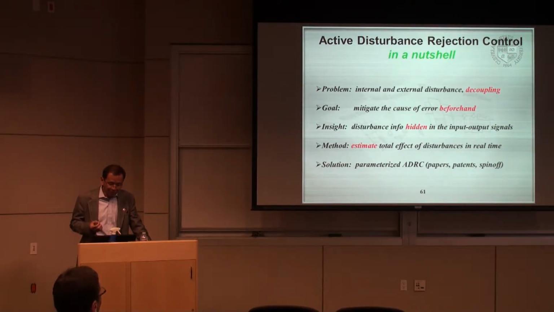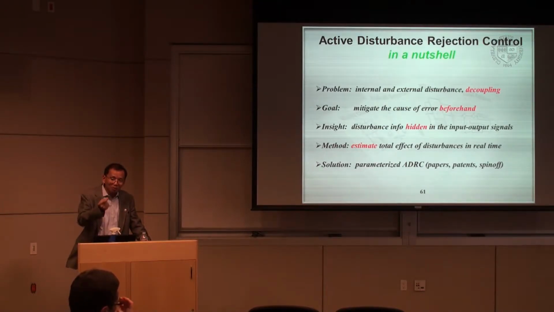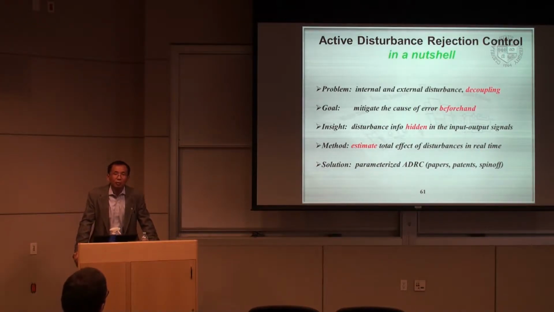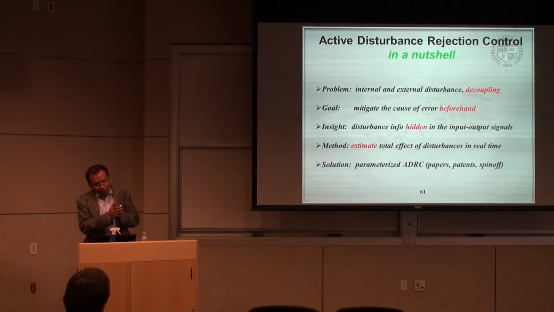This is possible because the disturbance information is there all the time. We just didn't know. We found a way to get it. Right? And the way we estimate disturbance is not unique. There are other methods, right? But they're all isolated. They're all for a particular problem. They devise a particular way of doing it.